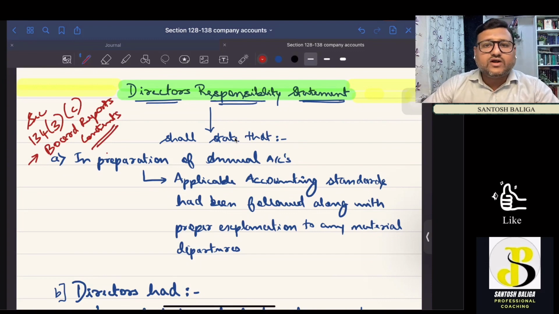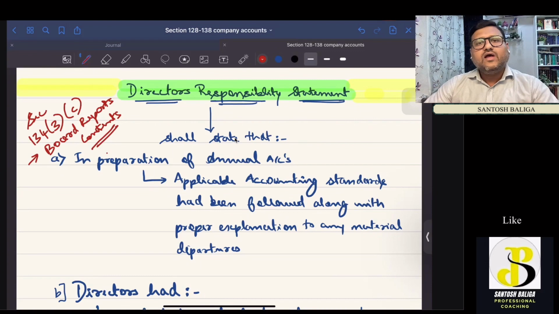So let us understand what is director's responsibility statement. See, the board report under section 134 is placed by the board of directors to the shareholders in the AGM, where they are giving a summary of all the activities that have taken place during that period. So they are accountable to the shareholders in the AGM, where they are giving an account of whatever the operations or state of affairs of the company is.